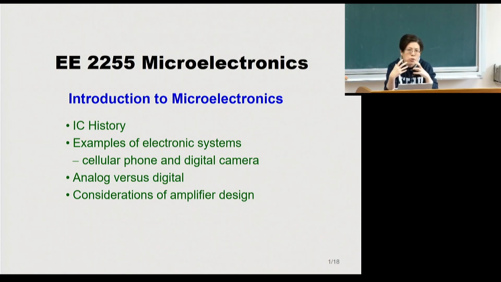Then we're going to talk about what the key elements are and how one analyzes these components in the electronic systems, or what key modules are critical to the success of these types of designs. And then we're going to talk a little bit about analog versus digital, even though we're not going to talk too much on digital circuits, just to get a sense of where your designs, or these circuits, are in electronic systems.